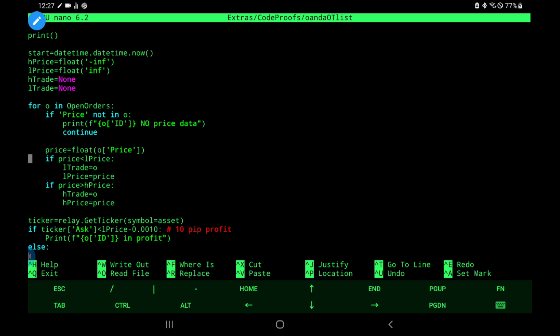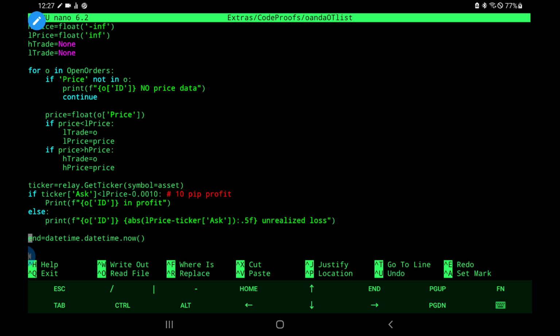So the order itself is going to be processed very quickly and distilled down to the highest and lowest positions within our list. Once we have that information, then and only then do we make our API call.